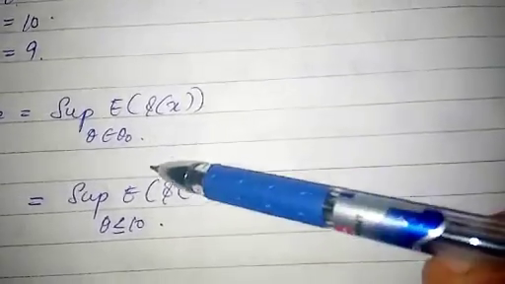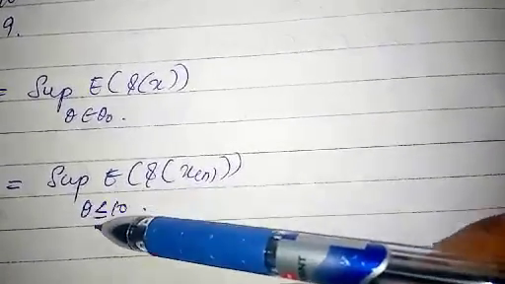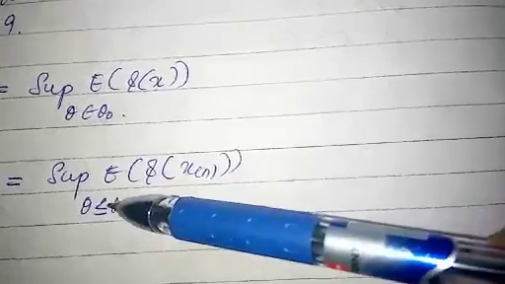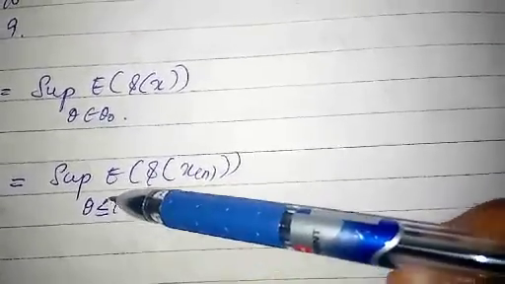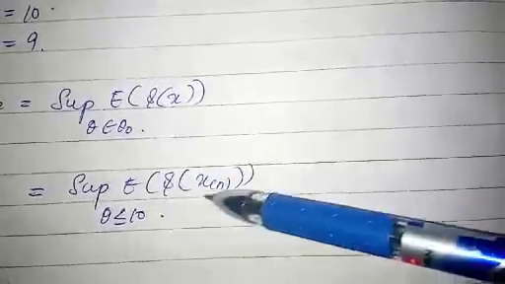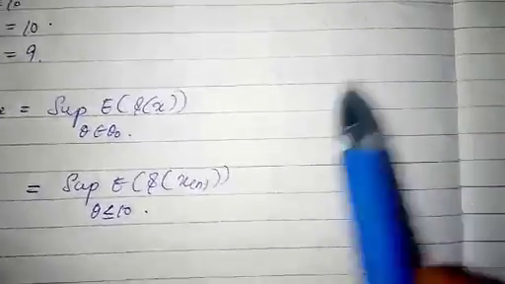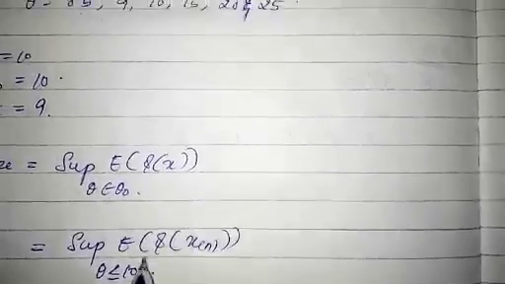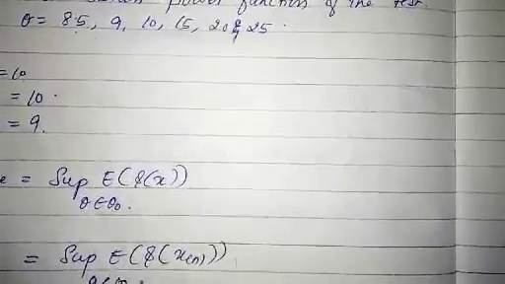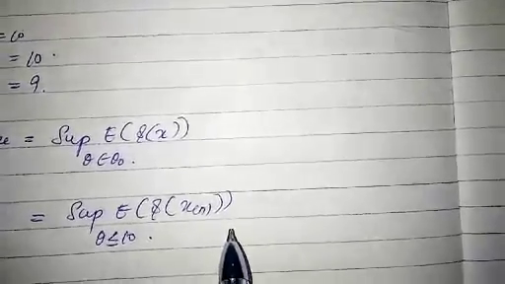So we have to find out the supremum value of expectation of phi of Xn under theta less than or equal to 10. So for that, first we have to find out the particular value which maximizes this expectation, right? So for that, first we have to find out whether this function is an increasing function or decreasing function, right?